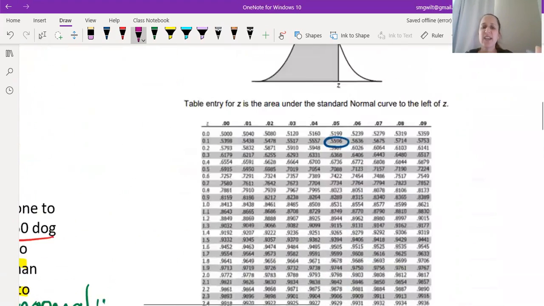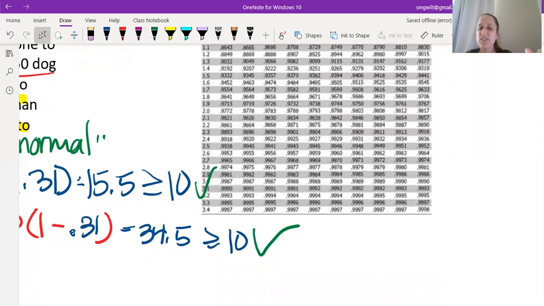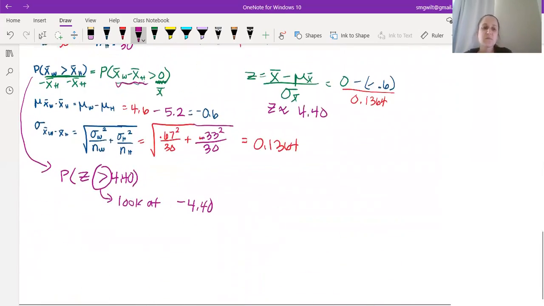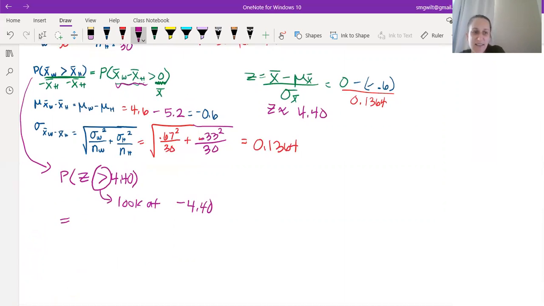If instead I was looking at this side and trying to go bigger than 3.4, look at this, it's 0.9998, approximately 1. Based on this, this probability is approximately 0.